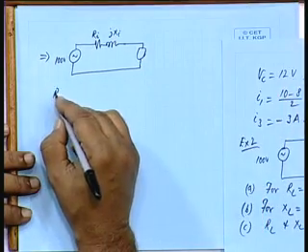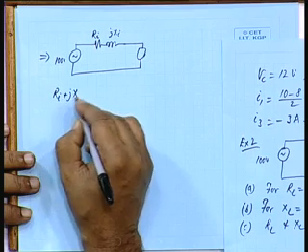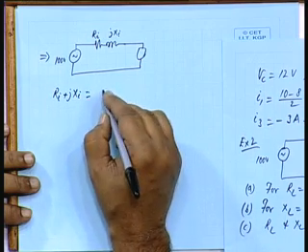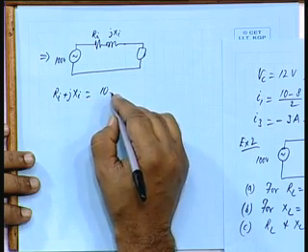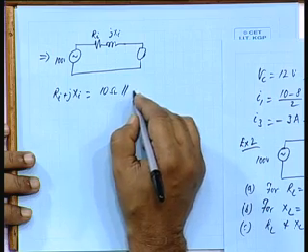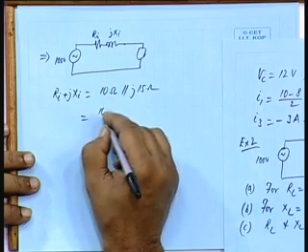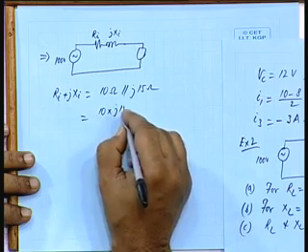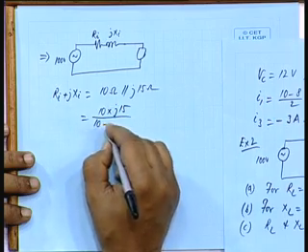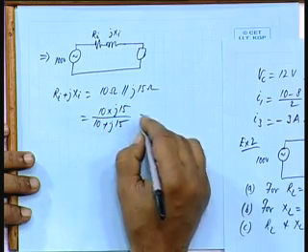Ri plus jXi will be the parallel combination of 10 ohms with j15 ohms. That is 10 into j15 divided by 10 plus j15.